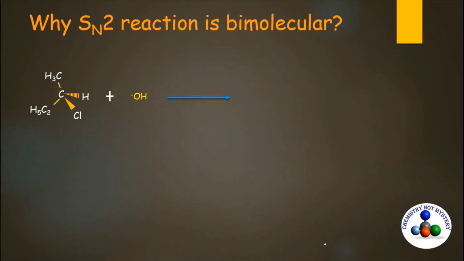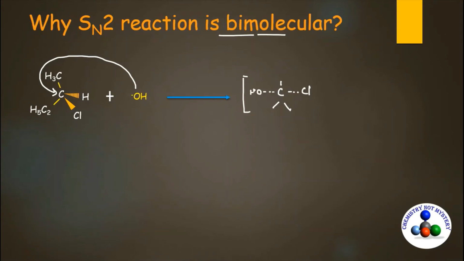First, try to understand why SN2 reaction is called as bimolecular reaction. So, as we just have discussed, after the attack of OH from the backside of the molecule, you will get a transition state, that is pentavalent transition state. In this way, Cl and carbon bond is breaking while OH and carbon bond is forming, and here methyl is bonded to the carbon, here hydrogen, and here ethyl is bonded to the carbon.